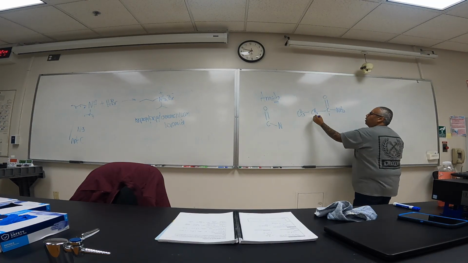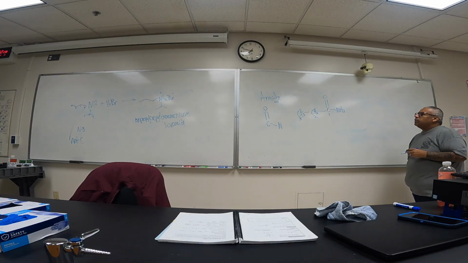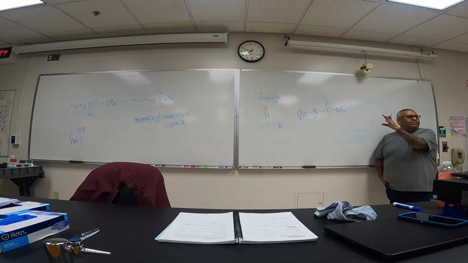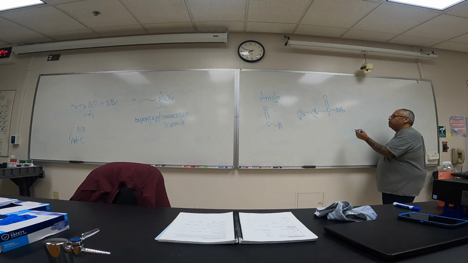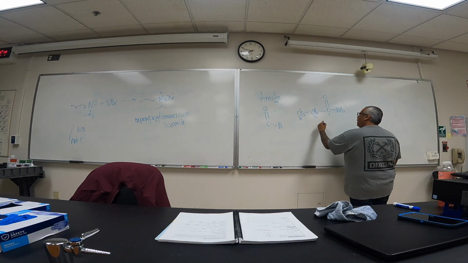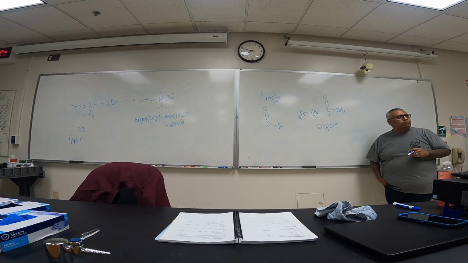Carbon number 1, carbon number 2, carbon number 3. Now, these are named differently. They're not as easy as our amines were, but they're still not difficult here. So the alkane structure is propane.